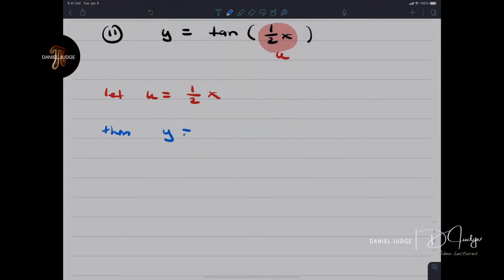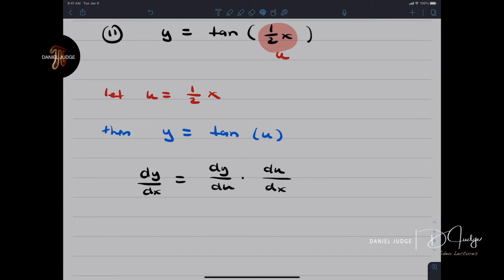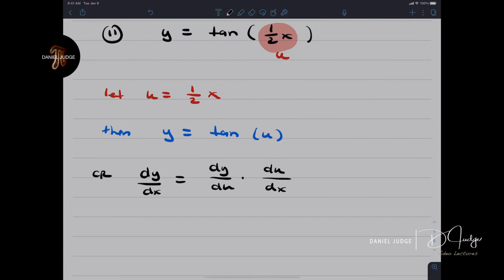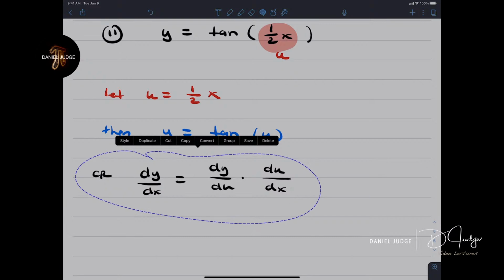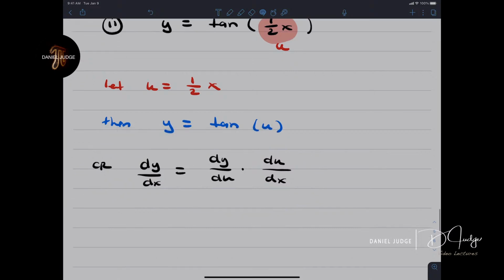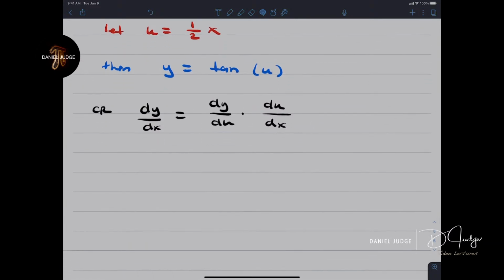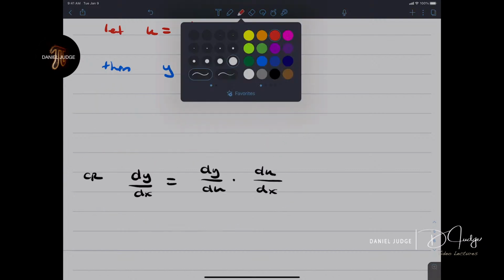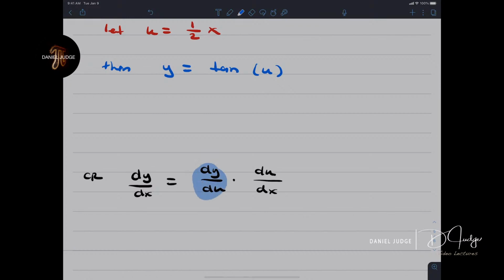Then that means y becomes tangent of u. Chain rule. I'll call that CR for chain rule. So in blue, we need dy du, and in red, we need du dx.